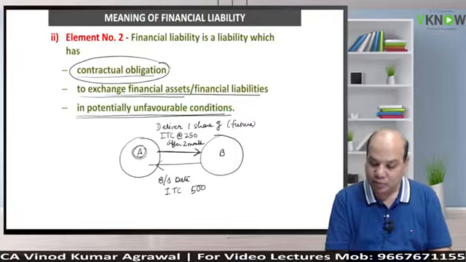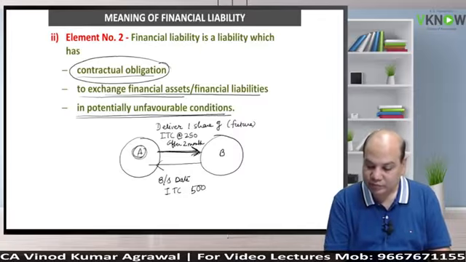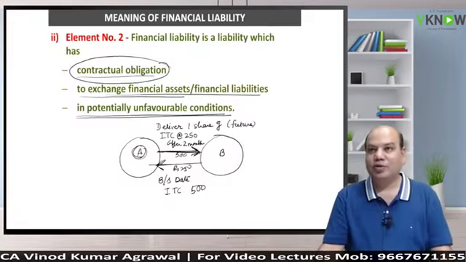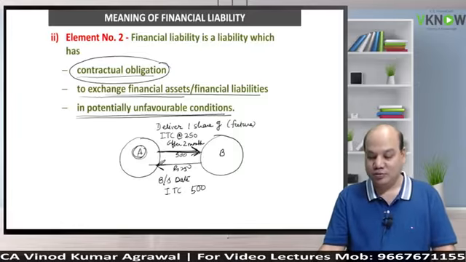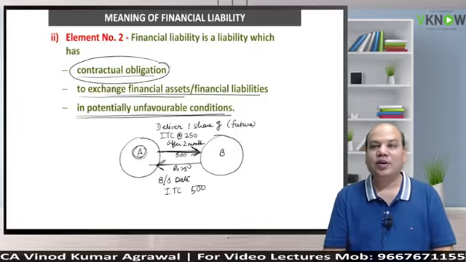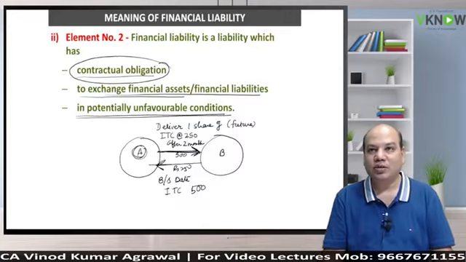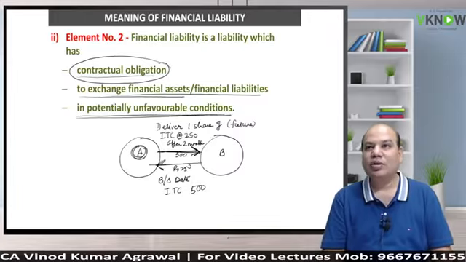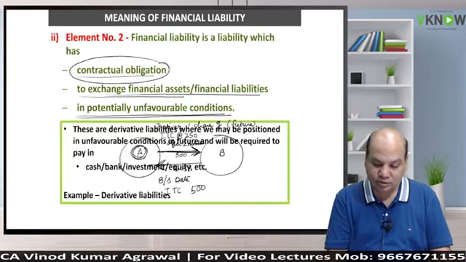So A will deliver one share and receive 250 rupees, but the share being delivered is worth 500 rupees now. So the contract has turned unfavorable for A, and therefore for A it will become a financial liability.